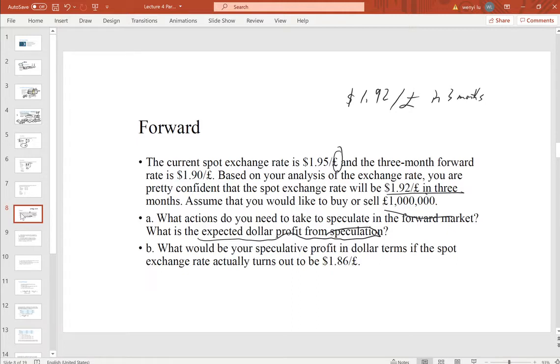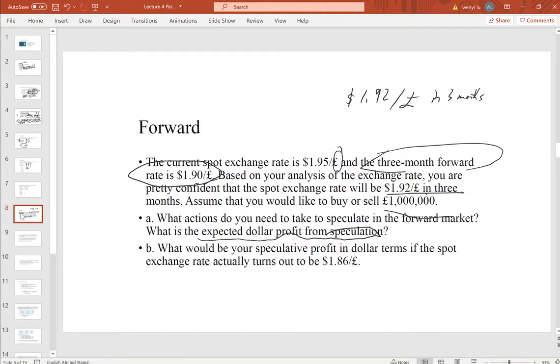So we first buy the currency based on the contract we signed. We signed a 3 months forward contract, so we can purchase the pound at $1.9 in 3 months. Then we directly sell it in the market for $1.92.